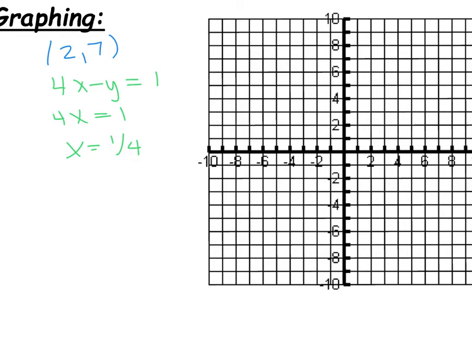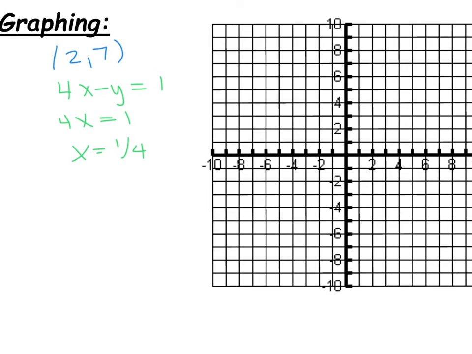So if we go up to the x-axis and go over to 1/4, it's going to be in there somewhere. Okay, and I did not graph (2, 7), so why don't we go back and do that? It should go up in there. Now we go back to equation 1 and find the y-intercept.